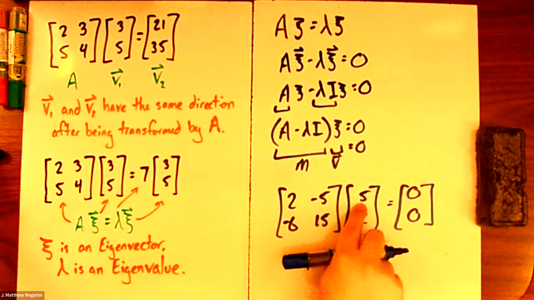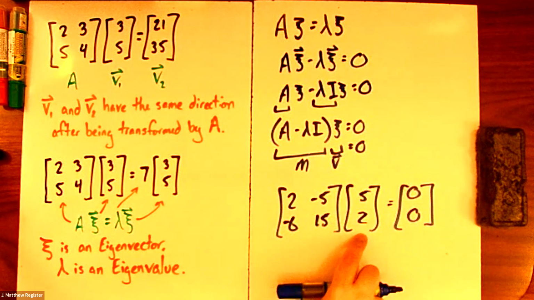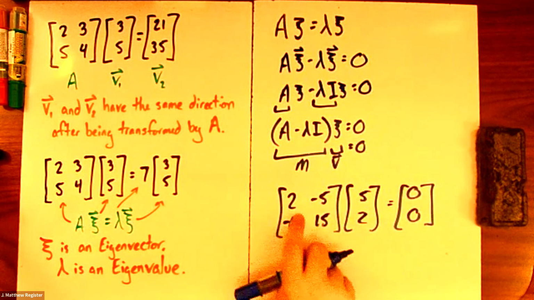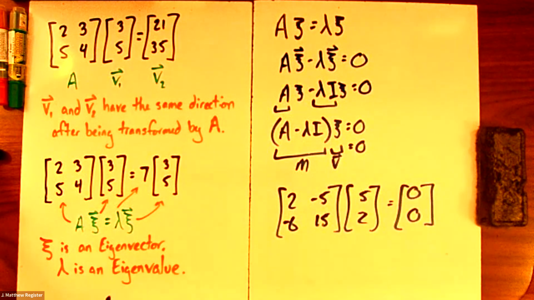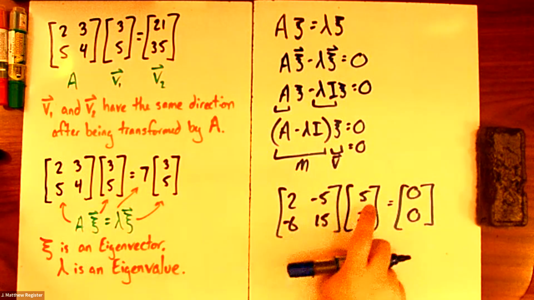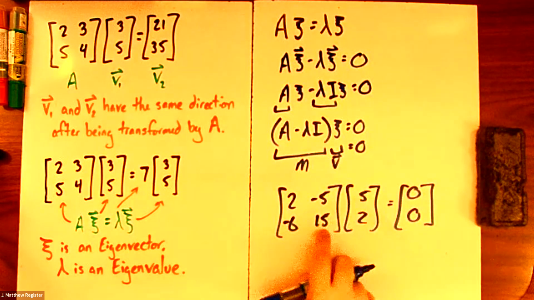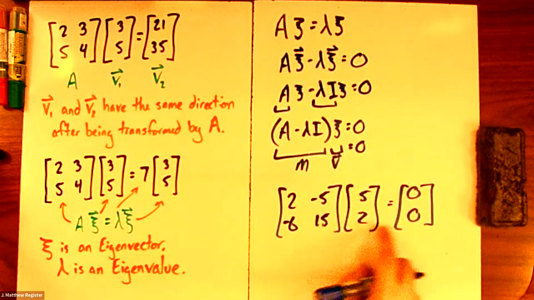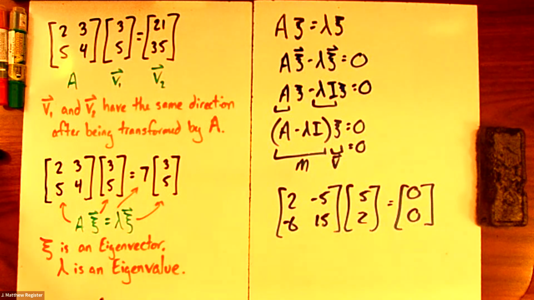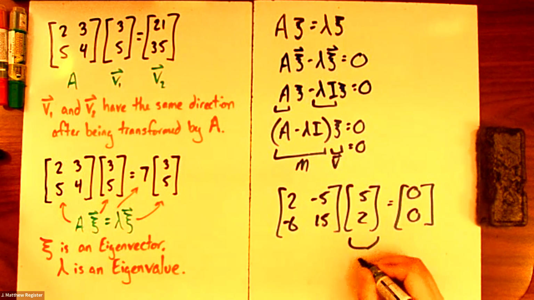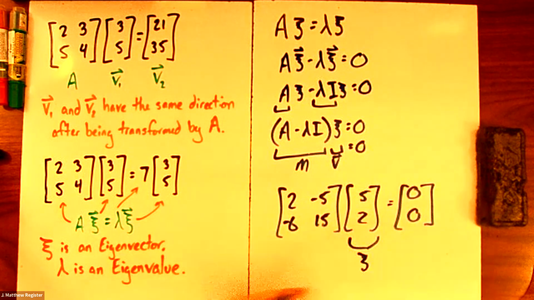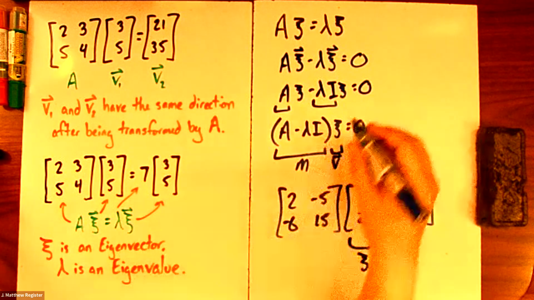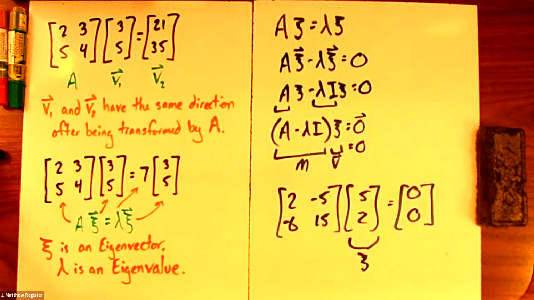Because 2 times 5 is 10. 5 times 2 is 10. And it was a negative. So this would give us 10 minus 10, which is 0. On the bottom, negative 6 times 5 is negative 30. 15 and 2 is positive 30. And we get 0. And so it is now possible to find a vector such that this matrix times this vector gives us a 0 vector.